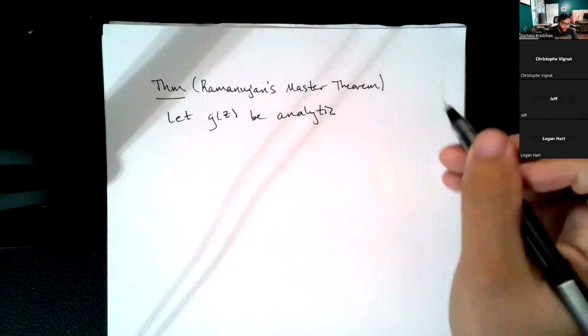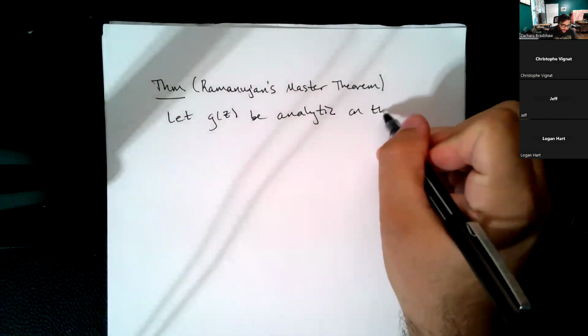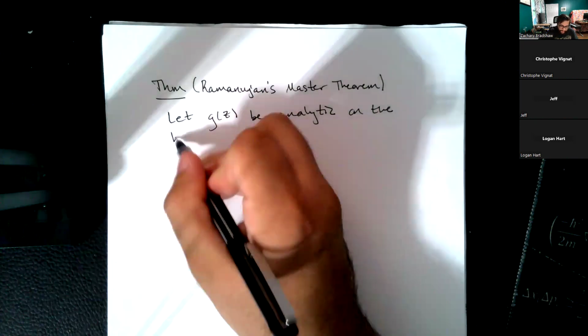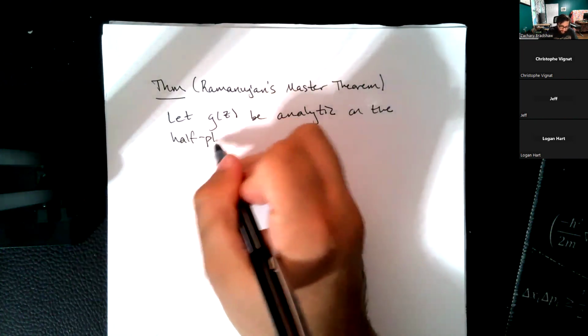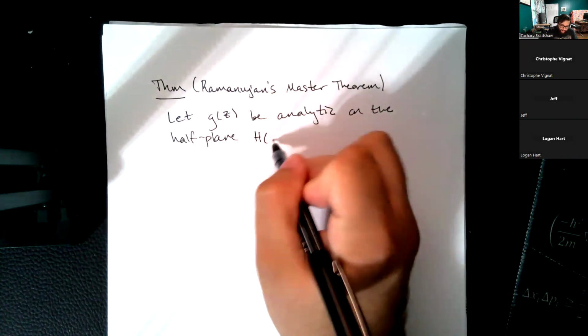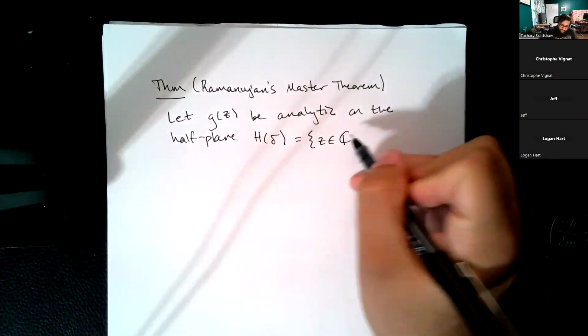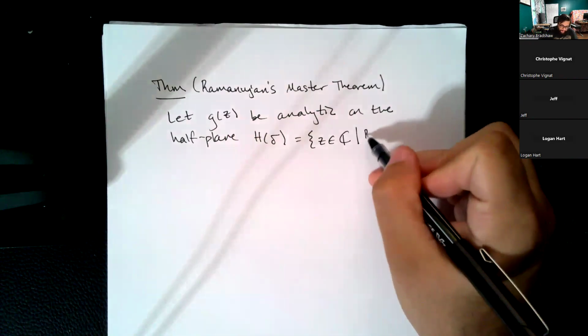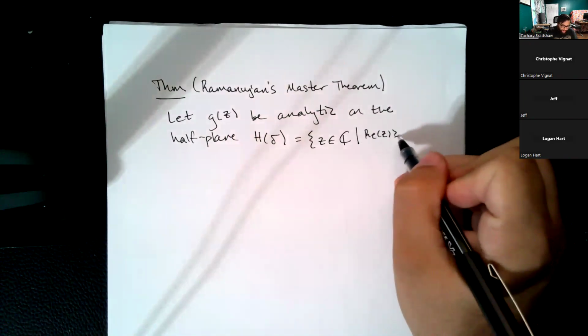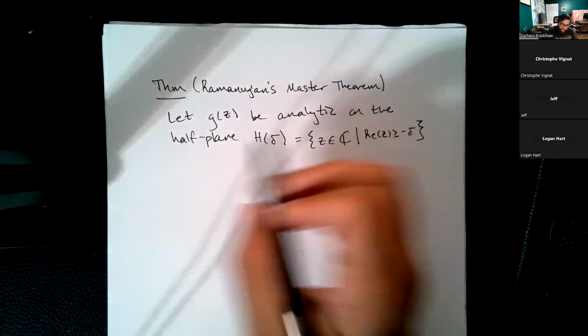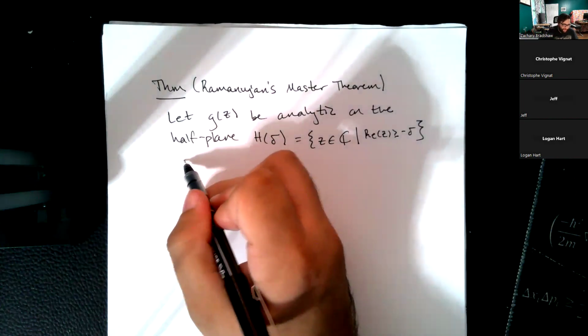So let g be an analytic function on the half plane H of delta, the set of z in C with real part of z greater than or equal to minus delta, for some delta between 0 and 1. I will state the nitty-gritty details just so you know.